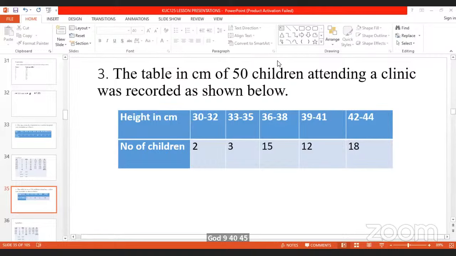So Sandra Kemunto, what comment can you give to the nature of the distribution? Sandra, give the comment. Alan Maruka, keep it up.